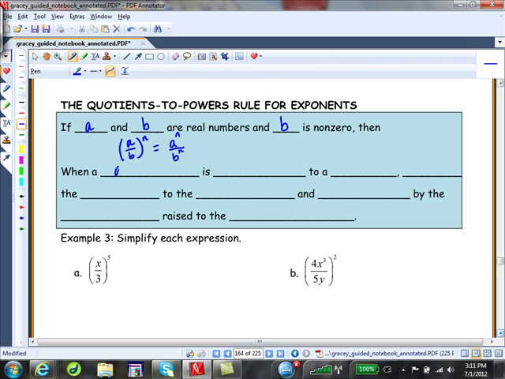When a quotient is raised to a power, raise the numerator to the power and divide by the denominator raised to the power.